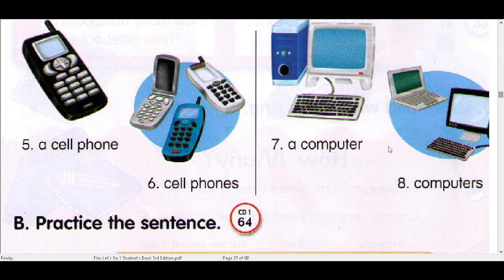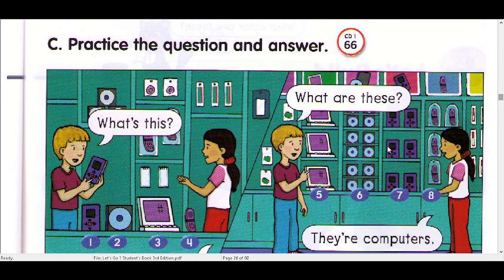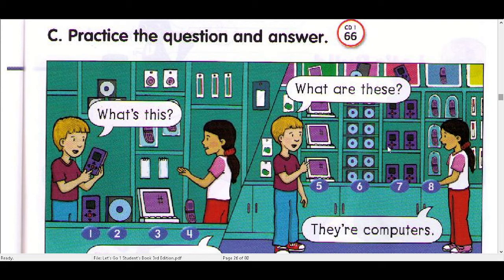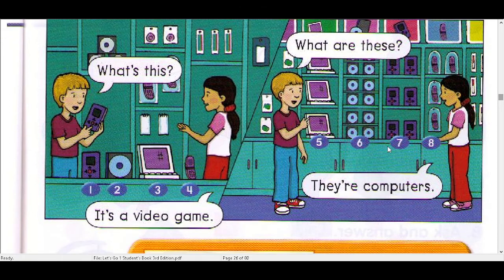Track 66. C. Practice the question and answer. What's this? It's a video game. What are these? They're computers. Number 1. What's this? It's a video game. Number 2. What's this? It's a CD.